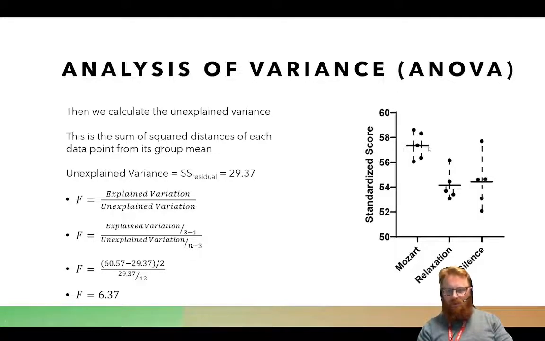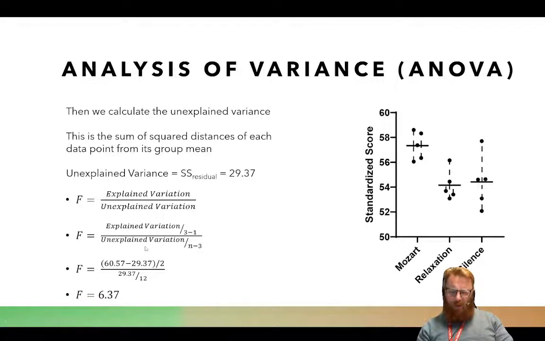The predicted values in these cases are just the means of each group: the mean of the Mozart group, the mean of the relaxation group, and the mean of the subjects who didn't listen to anything at all, just listened to silence. So we take each point minus its mean, square it, add it to the next point minus its mean squared, and so on and so forth. Calculating all of those, we get 29.37.